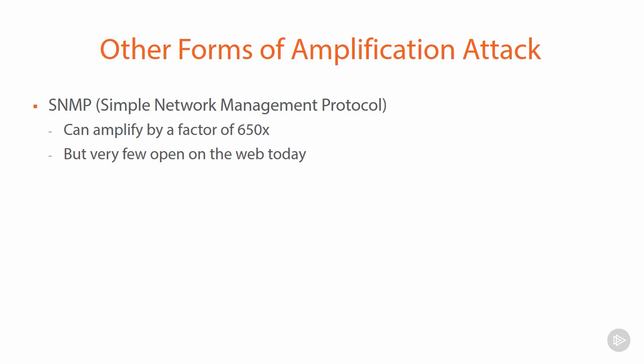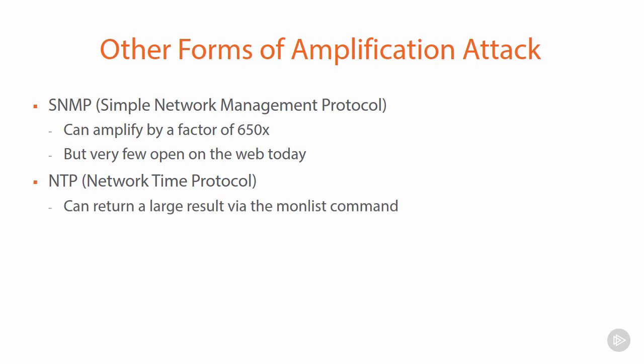Another protocol used in amplification attacks is NTP, the Network Time Protocol. Now, these can return very large results via the monlist command. And what this command can do is return the addresses of up to the last 600 machines that the NTP server interacted with. So that can mean there's a much larger response than the request that went into it.